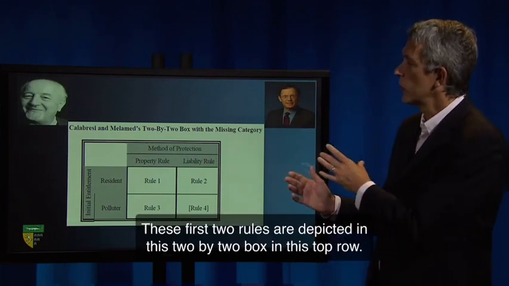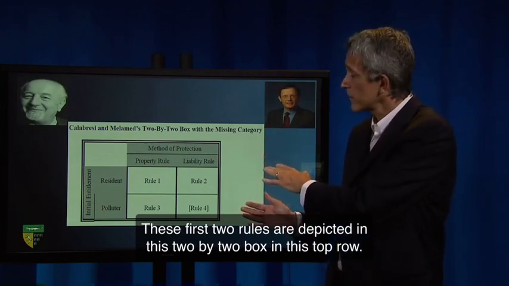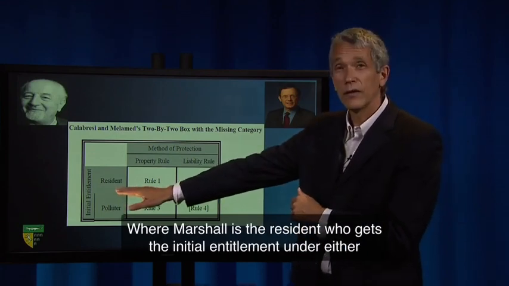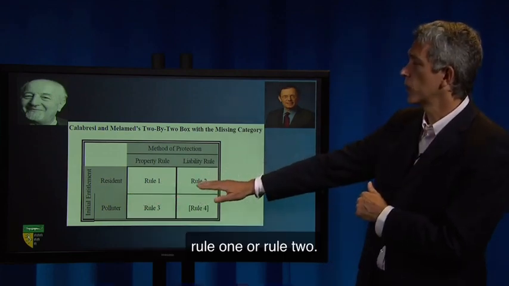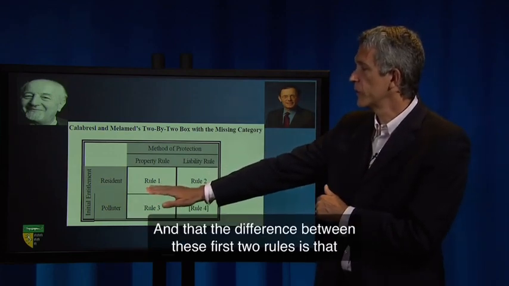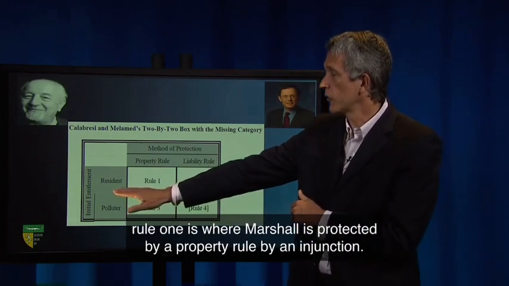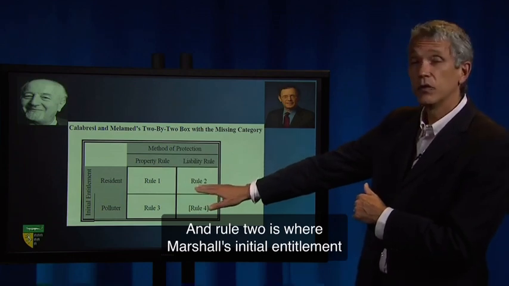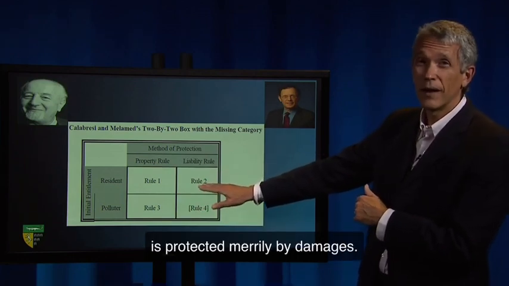These first 2 rules are depicted in this 2x2 box in this top row, where Marshall is the resident who gets the initial entitlement under either Rule 1 or Rule 2. The difference between these first 2 rules is that in Rule 1 Marshall is protected by a property rule, by an injunction, and in Rule 2 Marshall's initial entitlement is protected merely by damages.